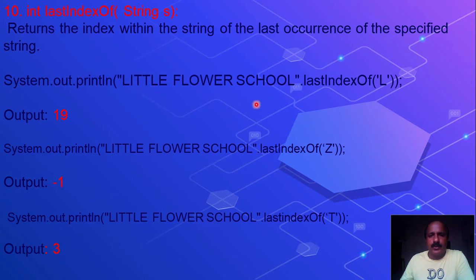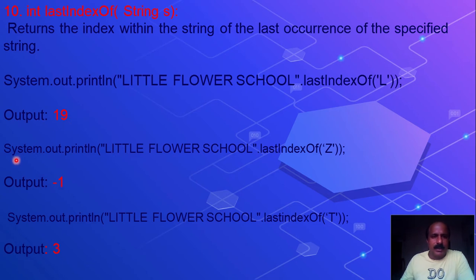System.out.println Little Flower School dot lastIndexOf L. See, in this string you can see L in this position and this index position, and we are going to search the last index position of L, where L is present in this string. When you see this string, L is present here as the last index position. So you will get 19.